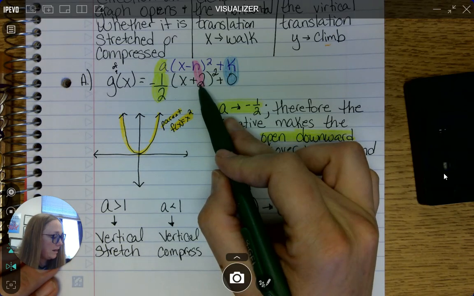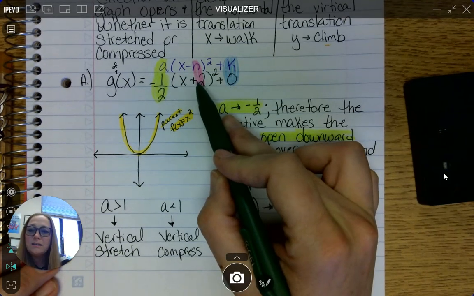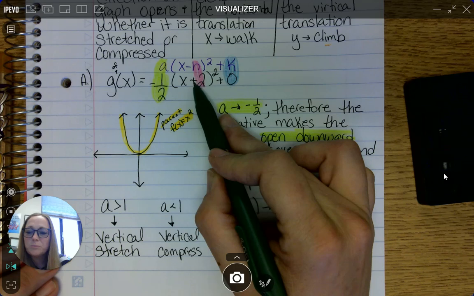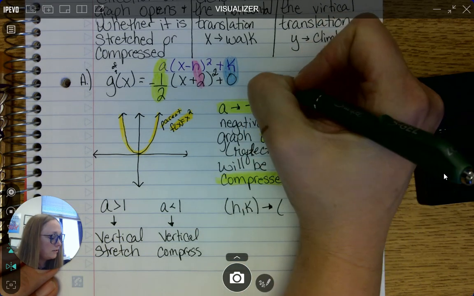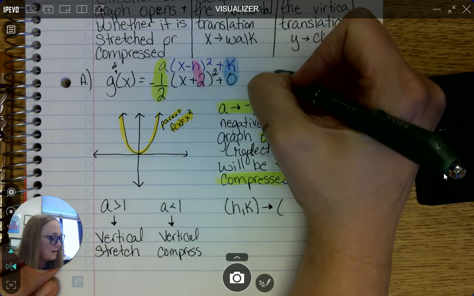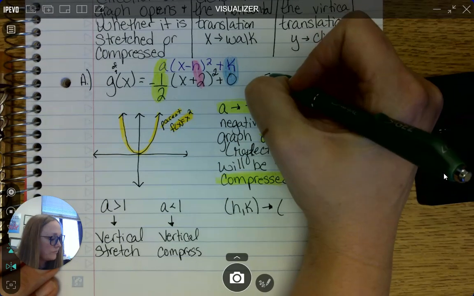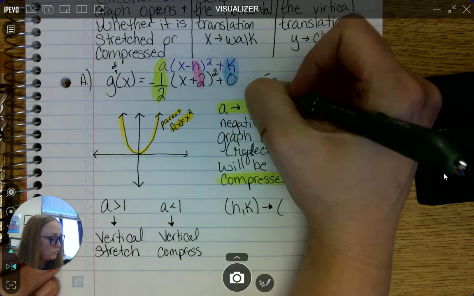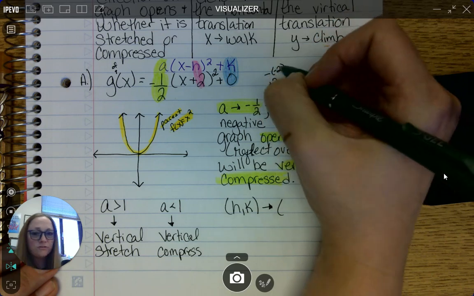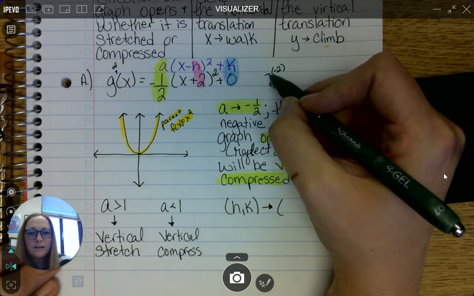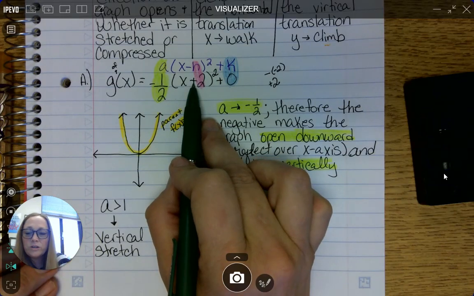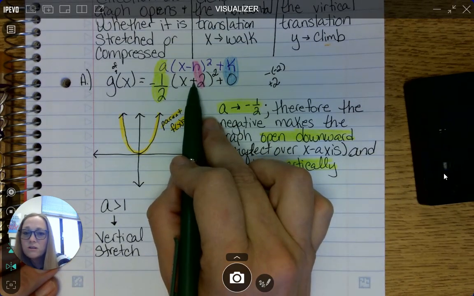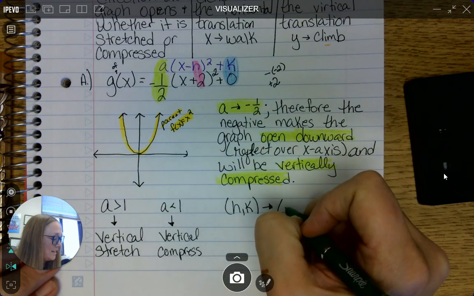And here, my H is a 2. But see, it says it's a positive 2. So I have to ask myself, what did I plug in here into that negative H to equal a positive 2? Well, I had to have plugged in a negative 2. Negative times a negative gives me my positive. So every time I see that the sign has been switched from the original formula, then I know that a negative value was inputted.